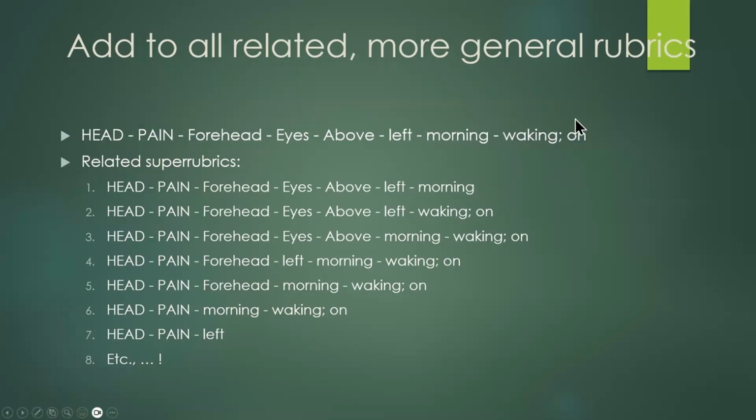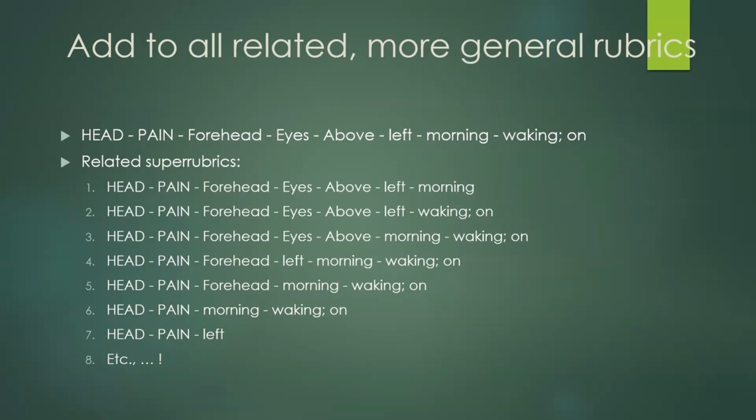So first we leave out the waking and we add it to above the left eye in the morning. Then we leave out the morning and we add it to above the left eye on waking. Then we leave out the left and we add it to above the eyes in the morning on waking, and so on. You got the idea? And so these are related super-rubrics. And to put those remedies in the related super-rubrics is generalizing them.